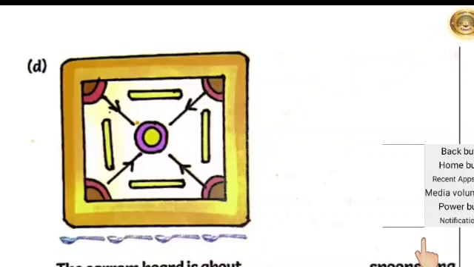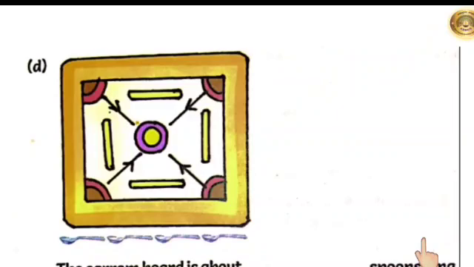Like that, children, they have measured the length of the carom board with the help of spoons. We will start from one end of the carom. 1, 2, 3, 4. The carom board is about 4 spoons long.